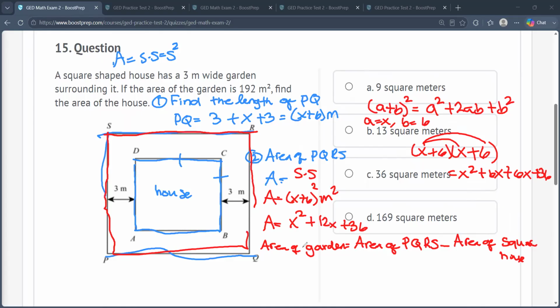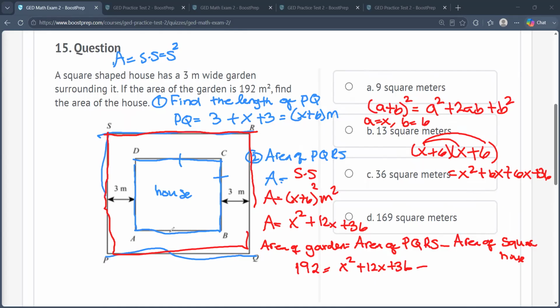They tell us the area of the garden is 192, equals the area of PQRS, which was x squared plus 12x plus 36, minus the area of the house.